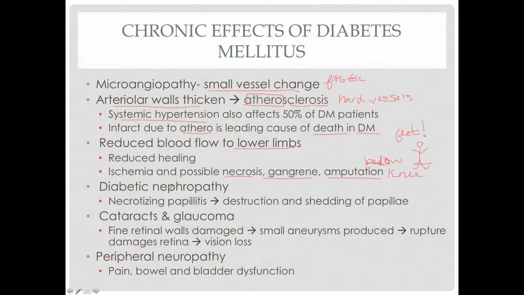Diabetic nephropathy, so that's disease of the kidneys. There is something at the tip of the renal pyramids called papillae. It's kind of like the capstone of the pyramid. And renal pyramids are within the kidneys in the capsule, and they're there to collect filtrate to turn into urine. And it's kind of like the neck of a funnel is the best way to think about it. So in diabetes, patients develop necrotizing papillitis, where the papillae become inflamed and then they die off.